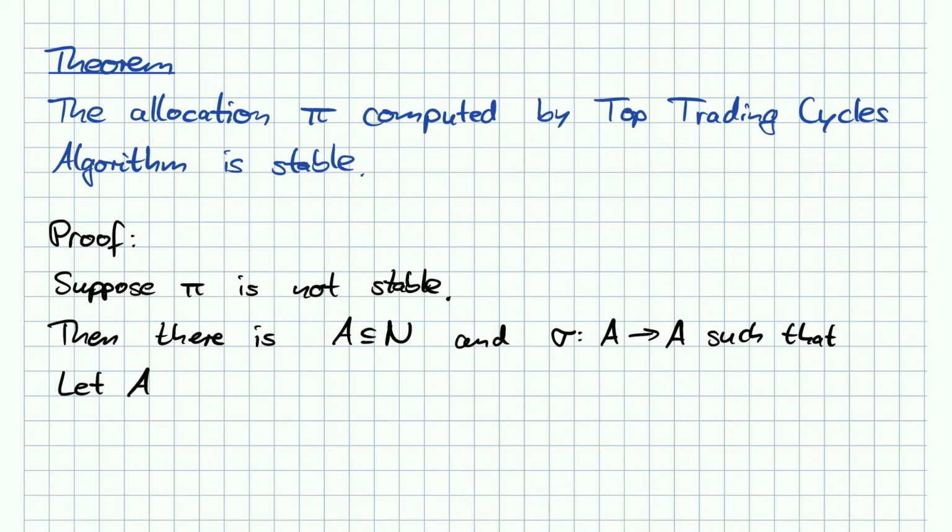Let A unequal be the set of all agents which are getting something different in the allocation pi than they're getting in the allocation sigma.